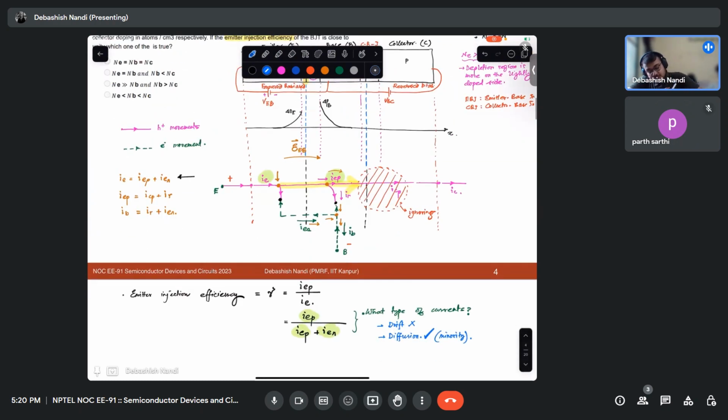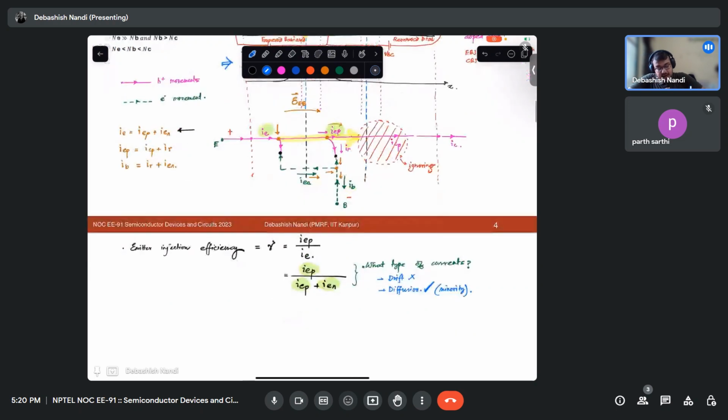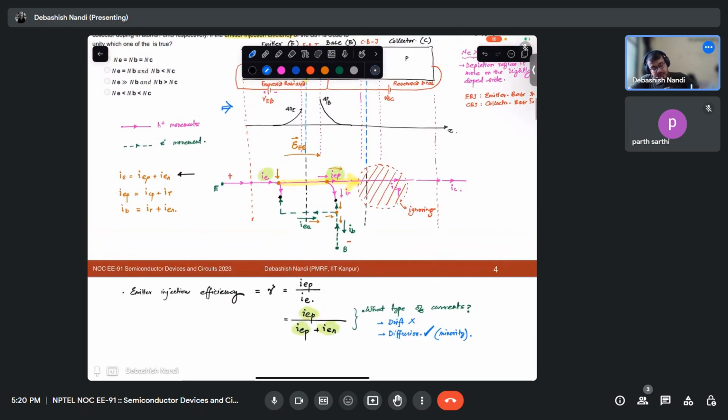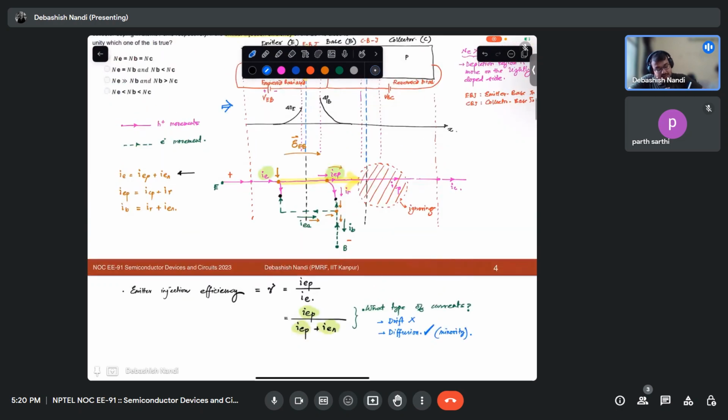So now you concentrate on this plot and look at how this I_EP. So what will be your I_EP? I_EP will be nothing but J_EP times your area. What is the area? The junction area of the EBJ, that means the emitter-base junction, right?